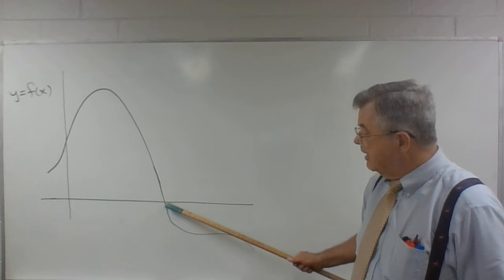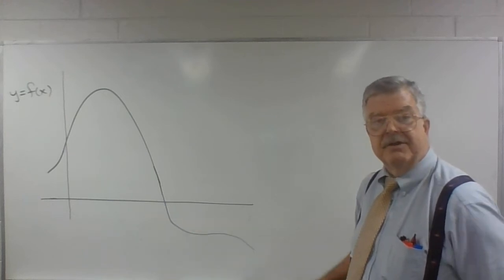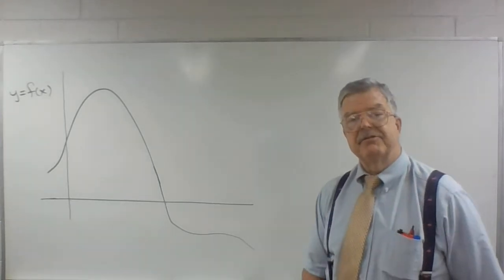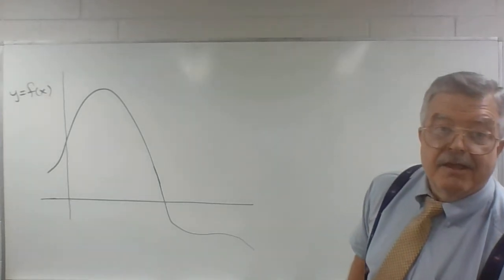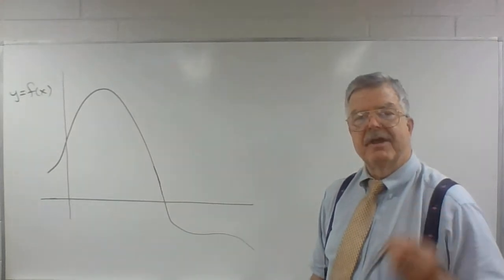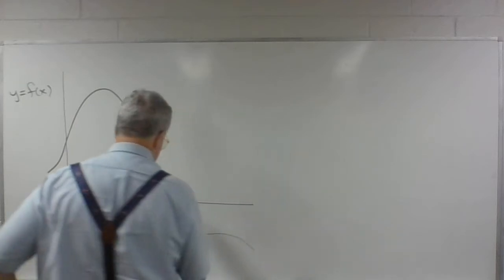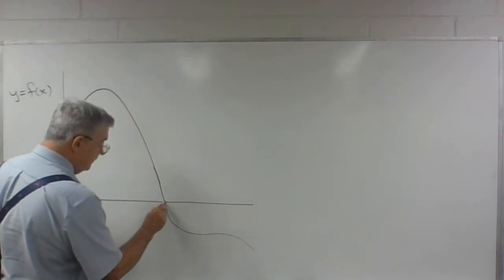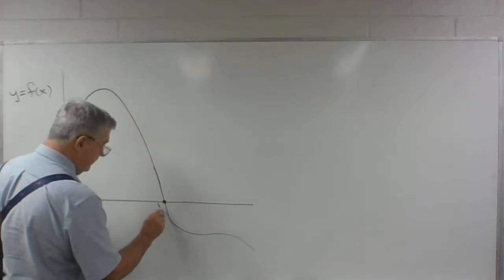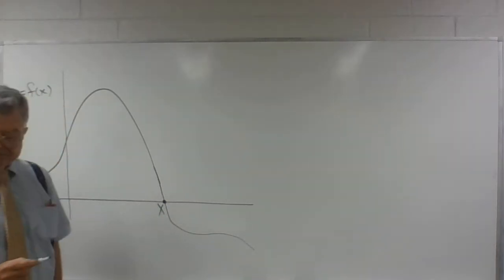Well, on this graph, this is where f of x equals 0, exactly where the graph y equals f of x crosses the x-axis. So right at this point, this is our solution x.